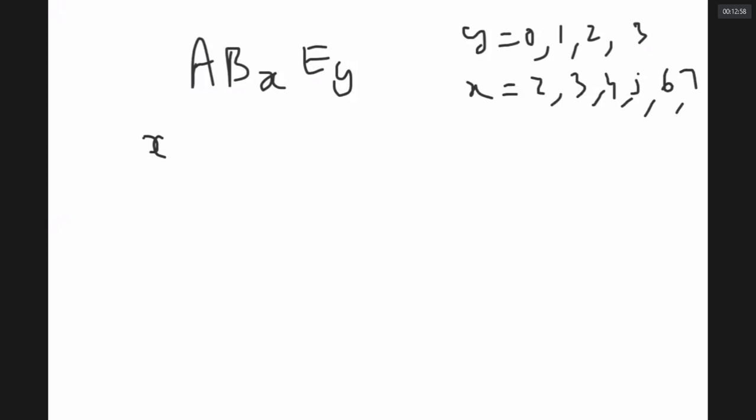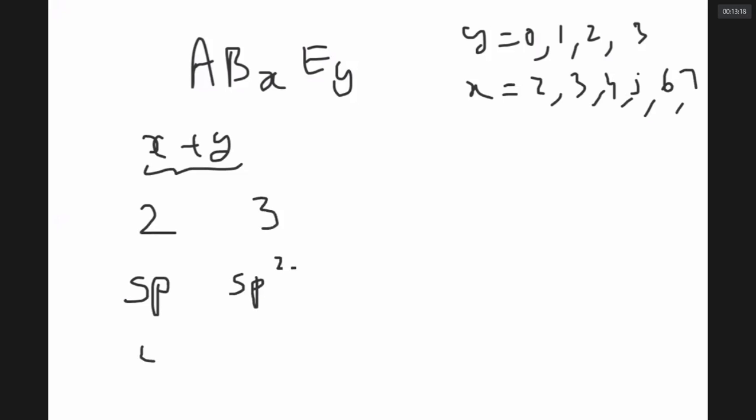If X plus Y value is equal to 2, the hybridized state is sp, and with no lone pairs it is linear. If X plus Y is 3, it is sp2: trigonal planar if there are no lone pairs, bent if there is one lone pair.